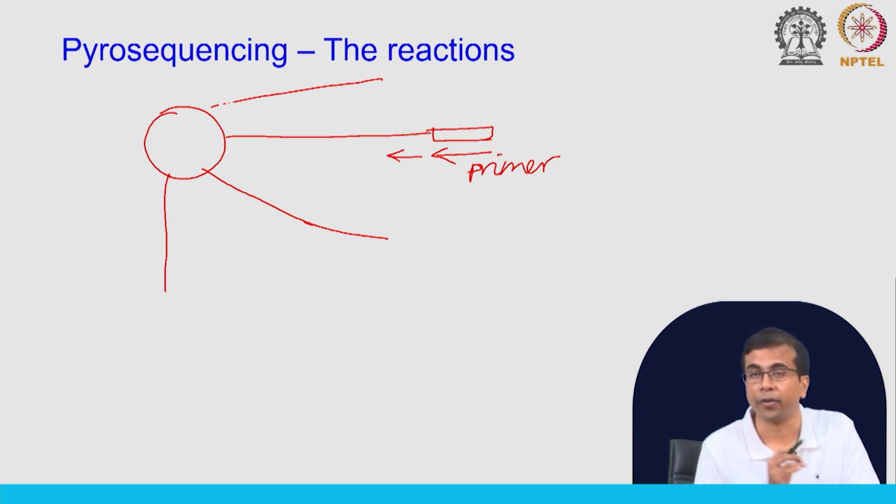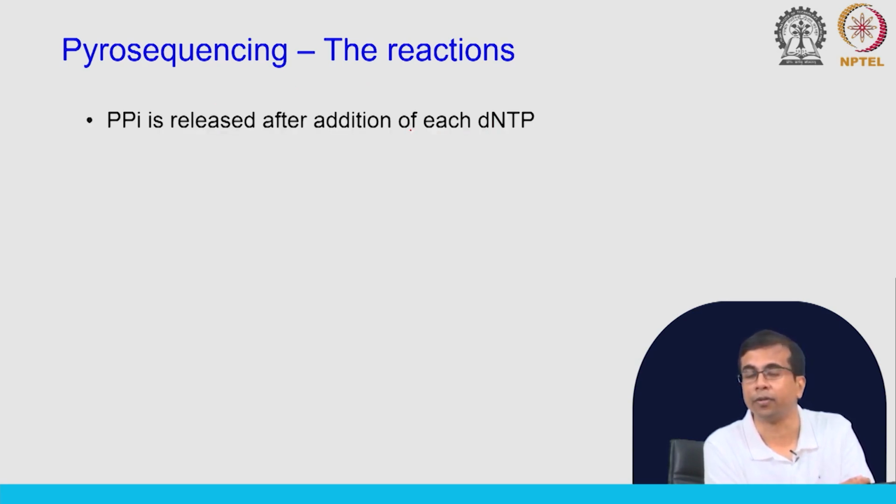For that we need DNA polymerase and dNTPs. What kind of dNTPs? These are normal dNTPs, there is no modification. They will come and bind based on the complementary base here, so based on which base is present in the other strand, they will be incorporated in the growing strand here. There is a release of pyrophosphate after addition of each dNTP.